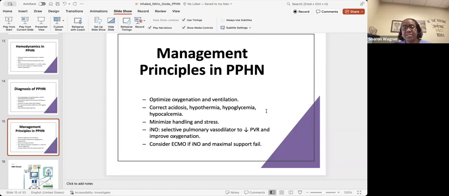So you minimize handling, you minimize stress, and you give the baby sedation if it needs it. We use fentanyl or Precedex that will help the baby stay as calm as possible.